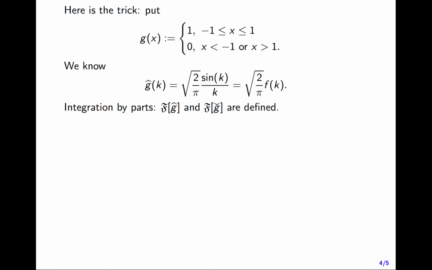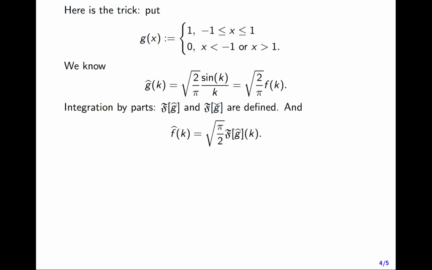And moreover, by integration by parts, as I claimed on the previous slide, the Fourier transform of g hat and the Fourier transform of g check are all defined, which is a little more than we usually get for any arbitrary function. And if I want to calculate f hat of k, remember that's my goal with f being sinc, f hat of k is just root pi over 2 times the Fourier transform on g hat of k.